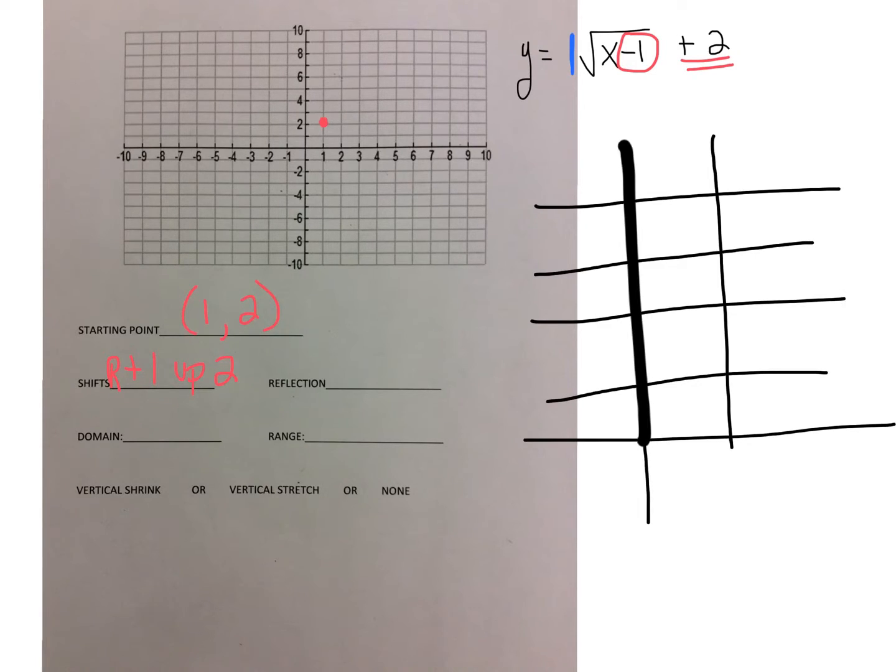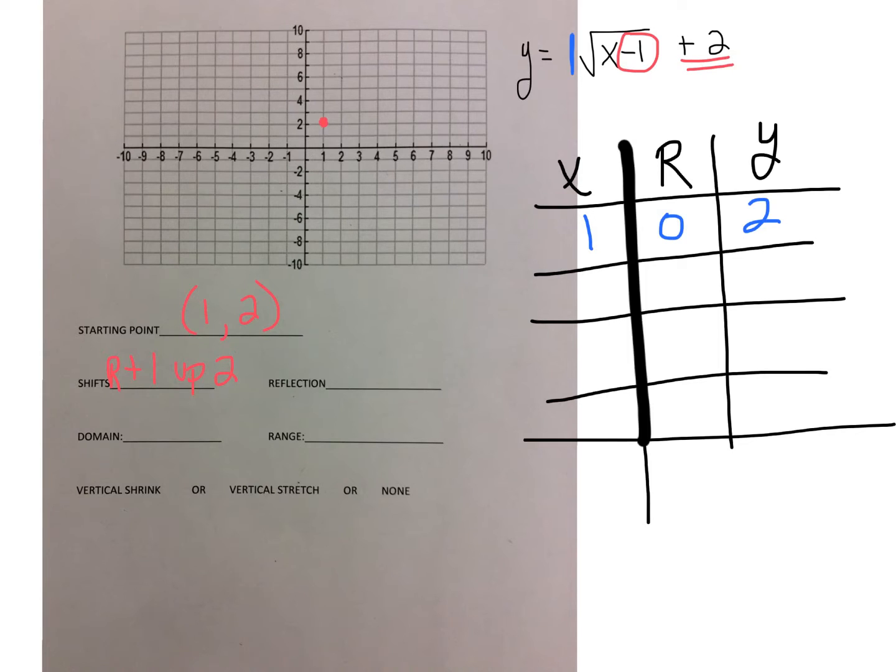Okay. So we have the x, we have the radical, and we have the y. Now again, we know our starting point is 1, 2. So my radical was 0. Now again, before, for the radical, we'd pick out what we want to have under the radical: 1, 4, 9.